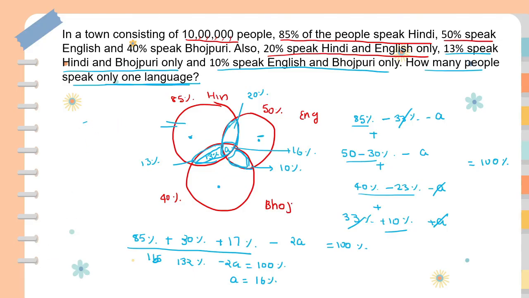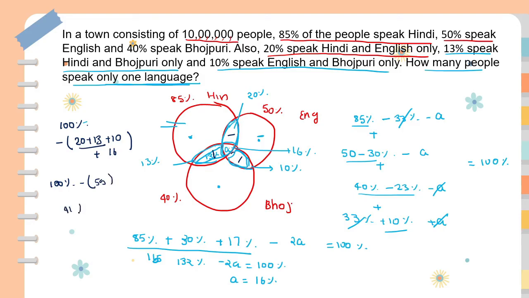So let me write here, using a different color. So this is 16, okay, so 100% minus 20 plus 13 plus 10, and this is 20, 13, 10, and a was equal to 16. So it will be equal to 100 minus, so this is 33, 43 and 16, that is 59.